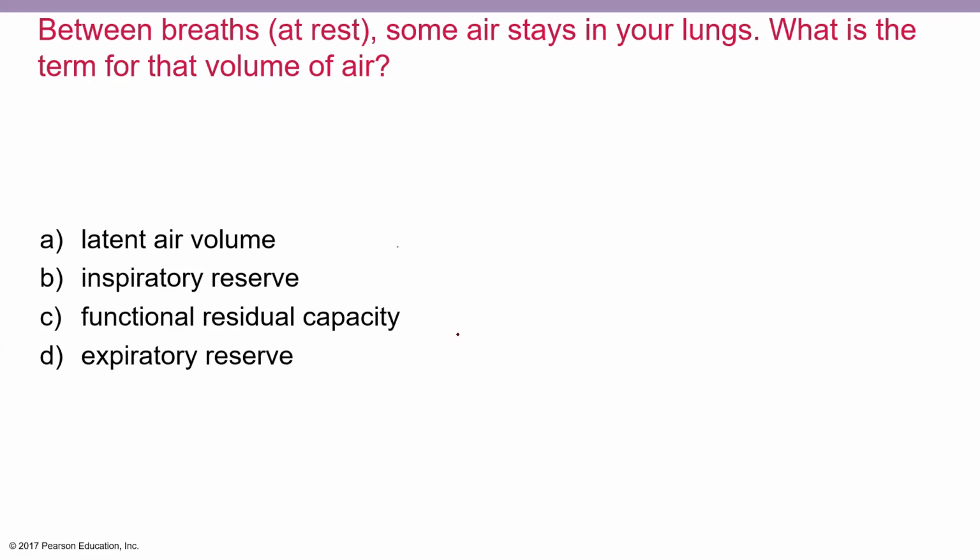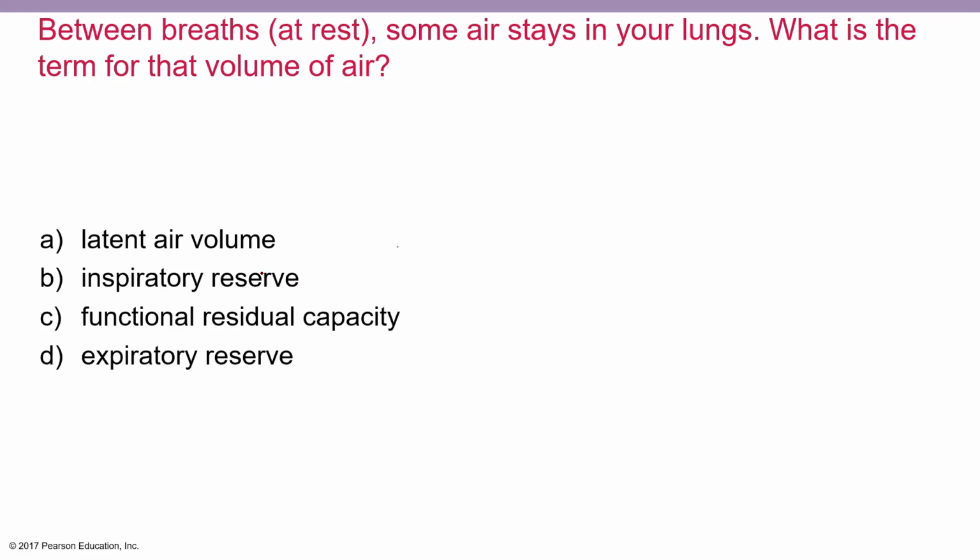We talked about the purpose of that air being left in your lungs. It's to create the pressure that accommodates airflow in the opposite direction. If we were to completely empty out the lungs, there would be no pressure there. But remember, we need to have a gradient, so there must be some air left in your lungs to facilitate that gradient, which facilitates outward airflow, and then inward airflow again.